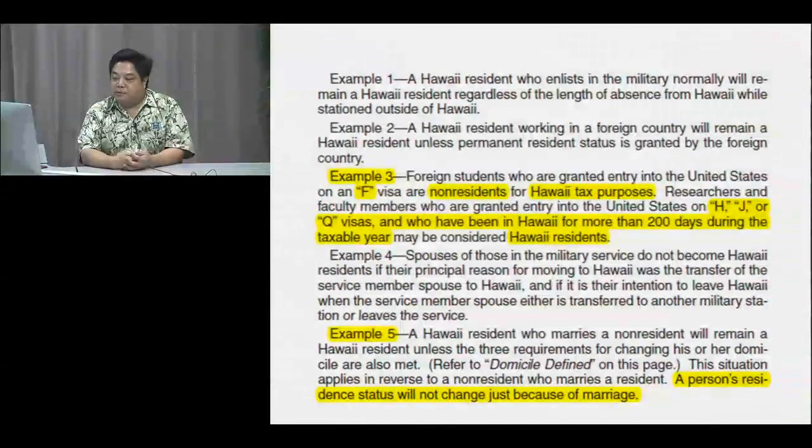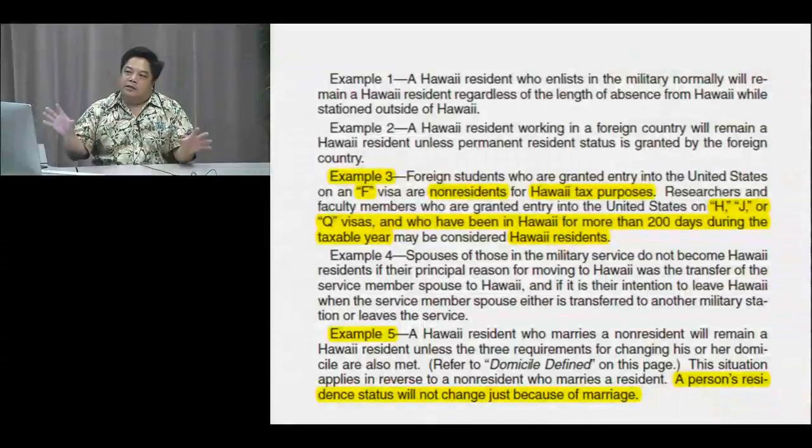Researchers and faculty members who are granted entry in the United States on H, J, and Q, and who have been here for more than 200 days may be considered Hawaii resident. So this is the direct verbiage from the instruction. A lot of times when they write things in the instruction, it's in a broad sense.